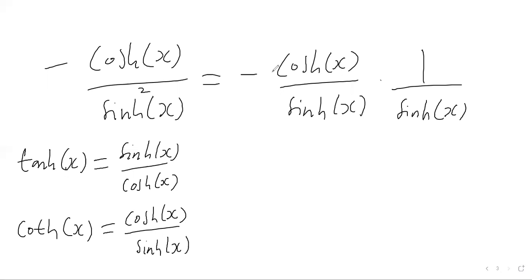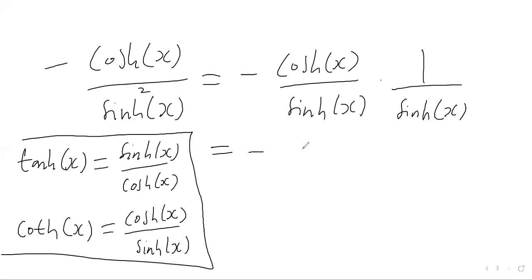And so this first bit over here is just going to be coth, or hyperbolic cot. So we're going to have negative coth of x multiplied by 1 over sinh of x, 1 over hyperbolic sine, which we know by definition is just the same as cosech of x.